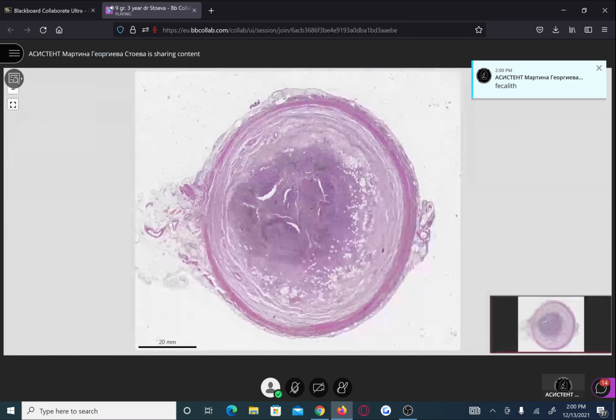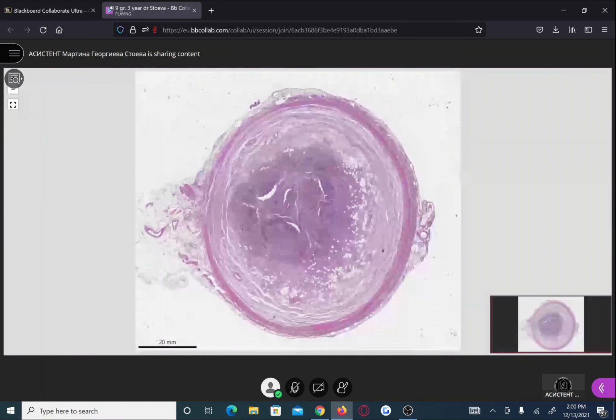Fecalith looks like a stone made of feces, and when it obstructs the lumen of the appendix, this leads to infection within the appendix, and finally may progress to phlegmonous appendicitis.